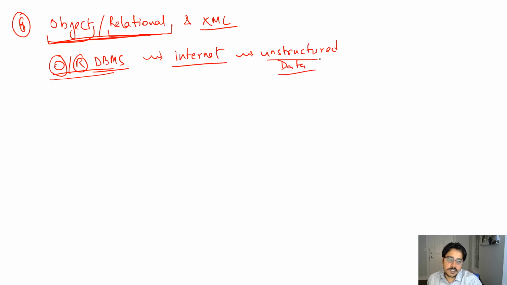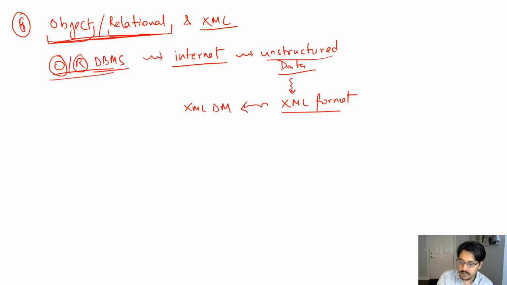And the representation of most of the web pages and the unstructured data was being done by using the XML format. So at that point of time, in order to be able to represent the design of storage of data that is using XML format, people had suggested the use of XML data models, XML based DB. So that is what has happened.